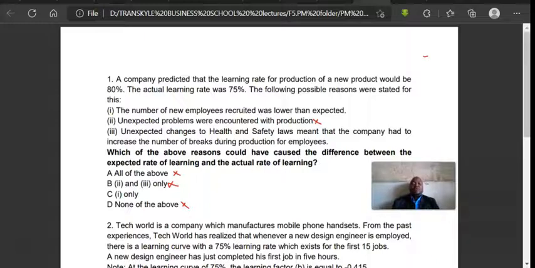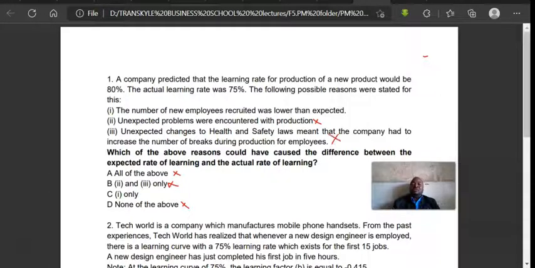An increase of breaks simply means that we are not doing anything to production. We are retarding the production process. Obviously, we would expect a higher learning rate, but we ended up having a lower learning rate, which means that we were efficient. So therefore, 3 is false. It's not true.